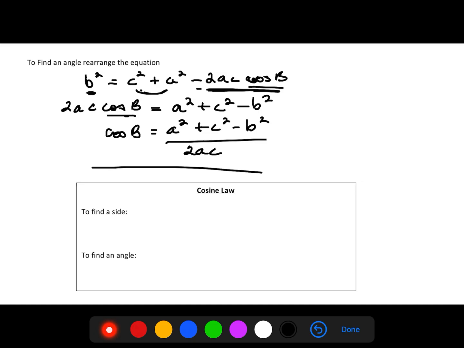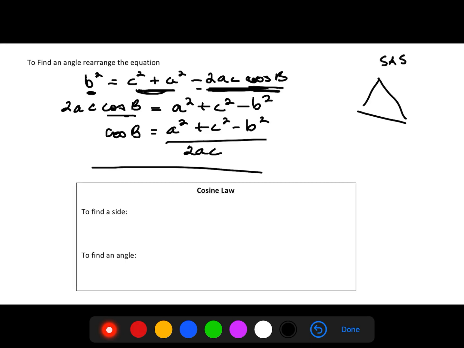Now, it doesn't really matter what the labels of our triangle are, as long as we know that whatever we're solving for, we have that side squared, the other two sides squared and added, minus 2 times those sides times the cos of the angle.